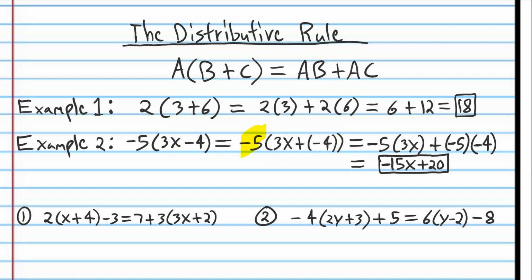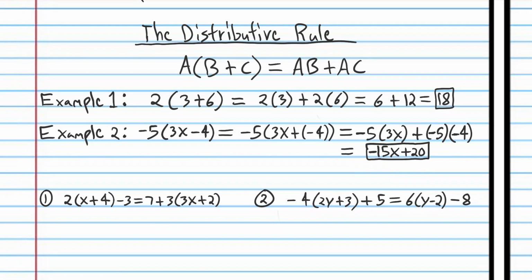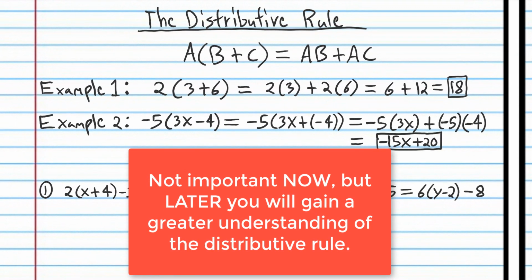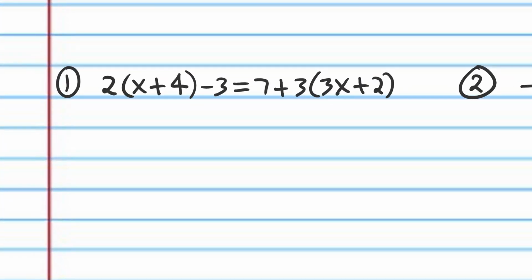So then negative 5 times 3x is negative 15x, and then negative 5 times negative 4 is positive 20. So that's where we actually use the distributive rule. But again, this is all just stuff that is not really that important. The important thing is that you know how to do it, and you know how to use the algebra fluently. So let's get right into the practice problems.